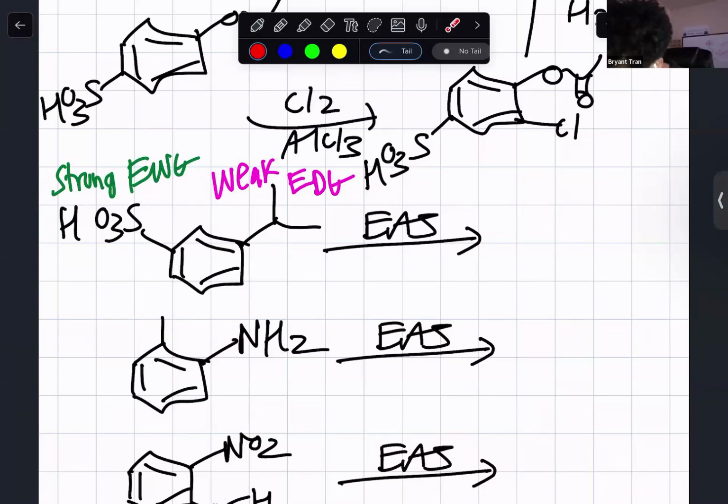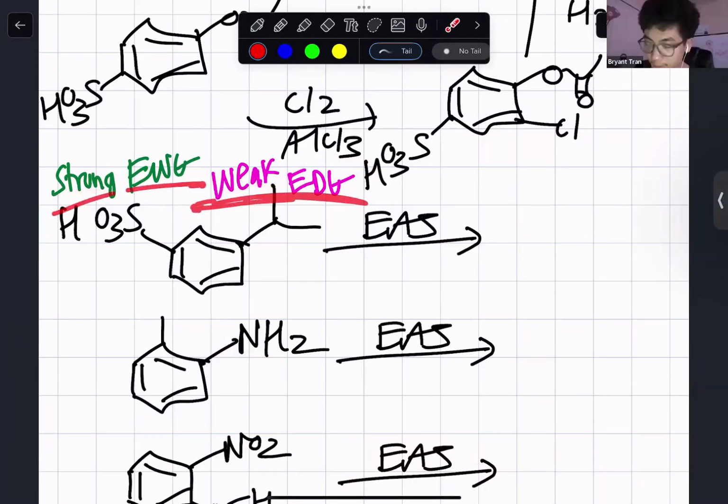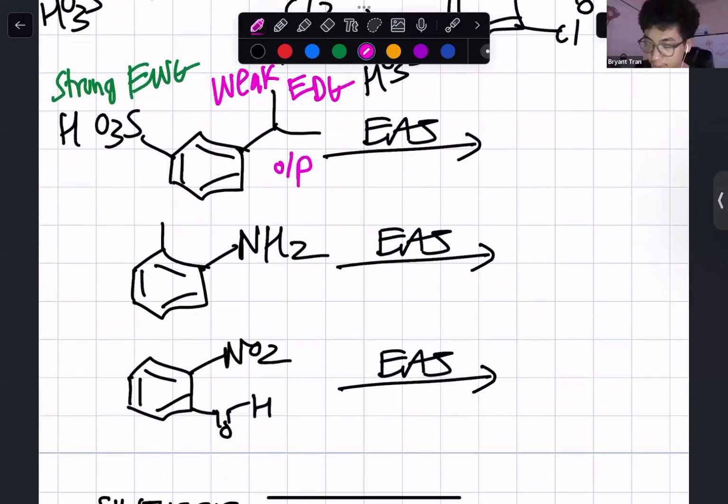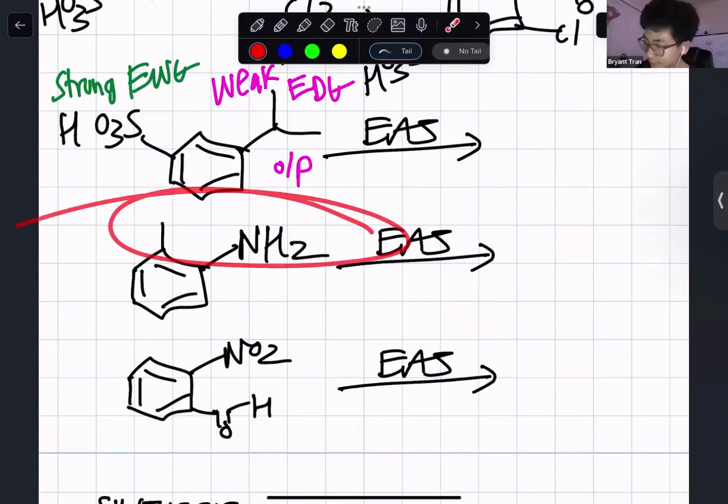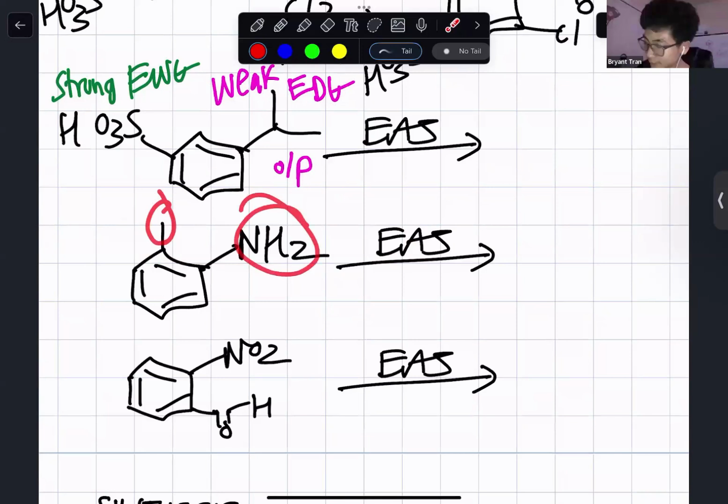So any EDG would take priority over an EWG, right? Don't get too confused on the strong and weak, right? The weak EDG will take priority over the strong EWG, because the EDG here activates the ring more, making the ring more nucleophilic. So this is the directing group, ortho or para to it, right? Now let's focus on these 2 here. What would be the directing group, the methyl group or the NH2?